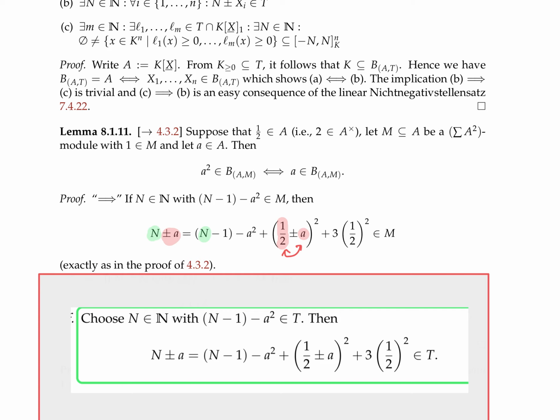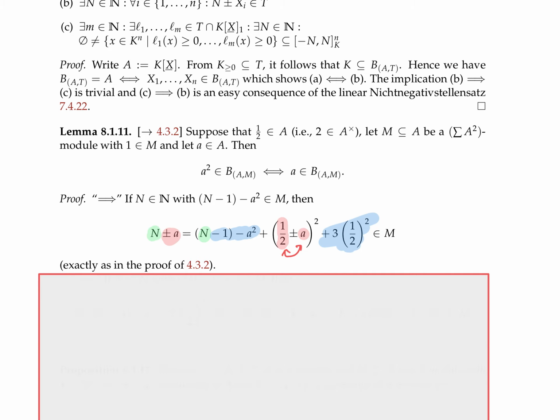Together with this minus 1, this is neutralized by this minus 1, right? And here I have minus a squared, which neutralizes this a squared. So all in all, I get this equation and this equality, and so n plus and minus a lies in M. Okay, so that was one direction.